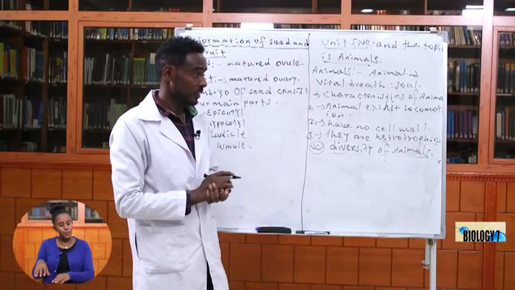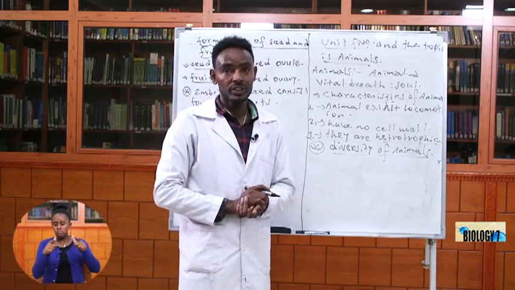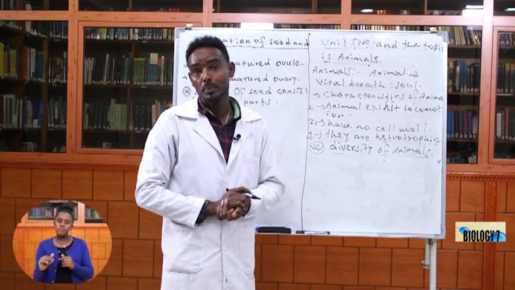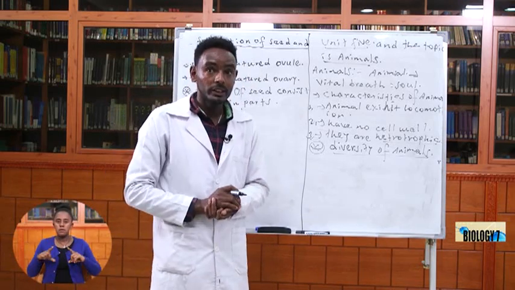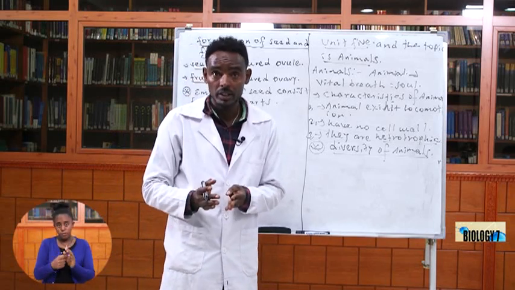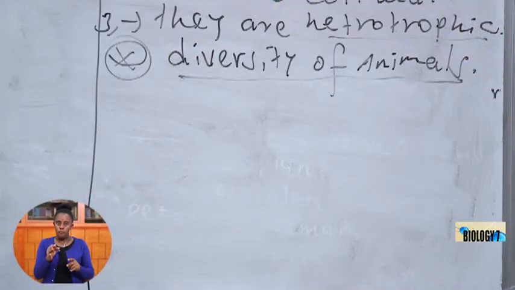Dear students, animals show big diversities. They differ in their size, from the biggest, the blue whale, which lives in the water, to the smallest, the housefly. This shows the diversity of animals in size.